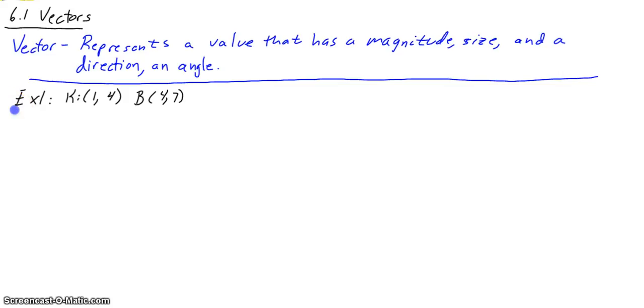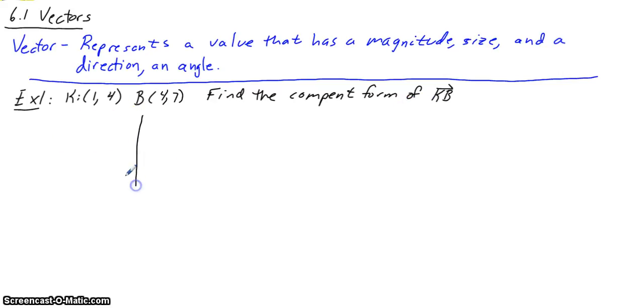And we want to find what's called the component form of the vector KB. Now, notice that arrow was not a regular arrow, it was just the top half, because we don't want it to look like the ray from geometry. We just want it to describe something. So, just a rough sketch.